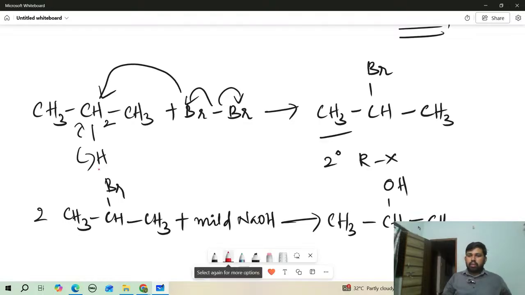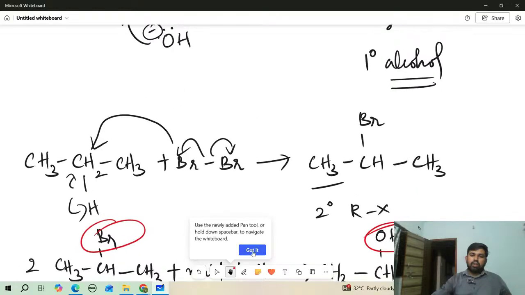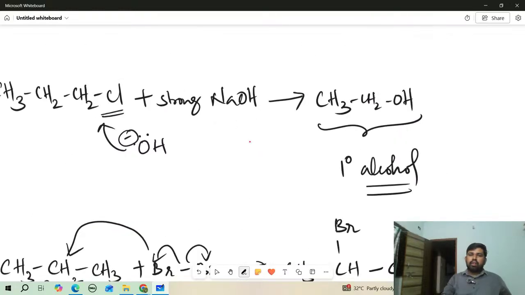Here we replace the halogen by the OH group. This is how we prepare the secondary alcohol. Earlier we got the primary alcohol.